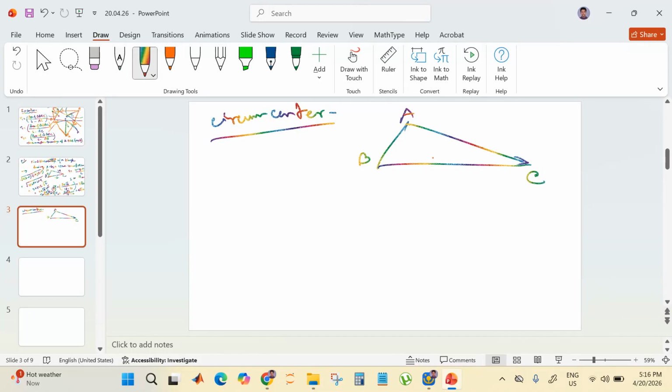Perpendicular bisector means first you have to draw the perpendicular, and the perpendicular will bisect the line AC at point suppose E. Similarly, perpendicular bisector, that means these angles are 90 degree.